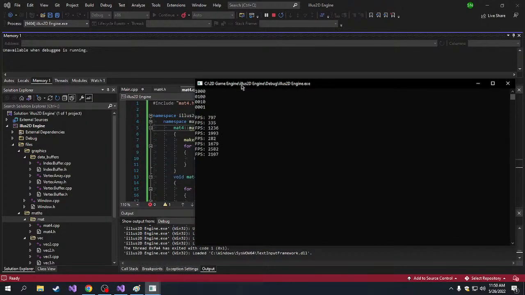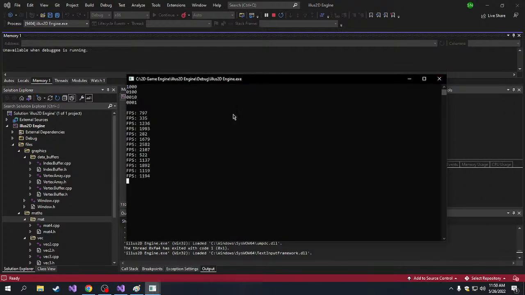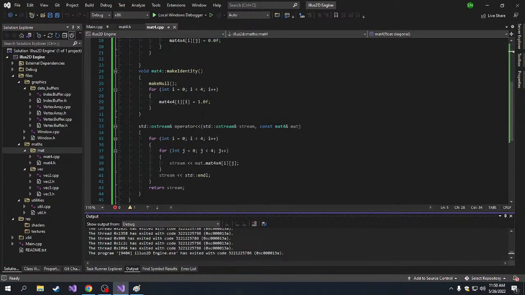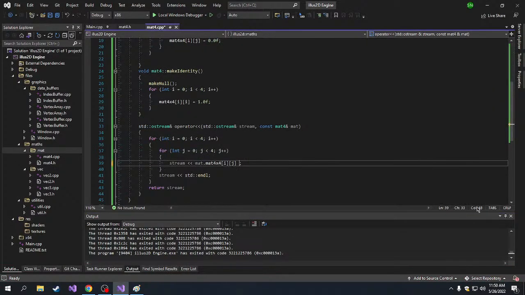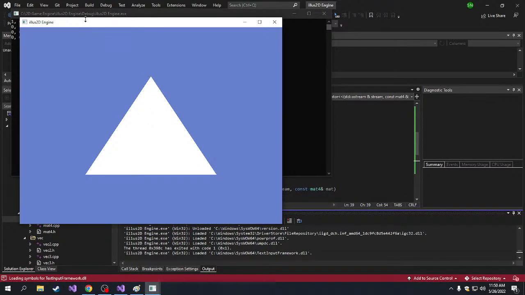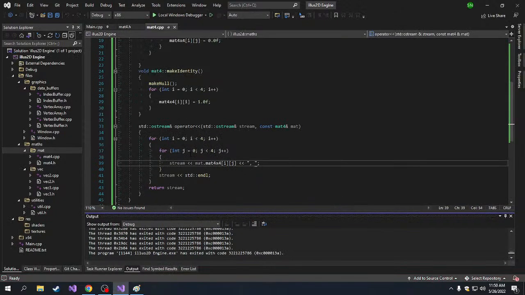Awesome. We have the diagonal as 1. Awesome. Cool. So if I had to format it in a way, I could probably just do something like this. Let's run the code now. So hopefully see that. Yeah. So we have this matrix. We have the diagonal 1, and the other is 0. Cool. We have a matrix class.